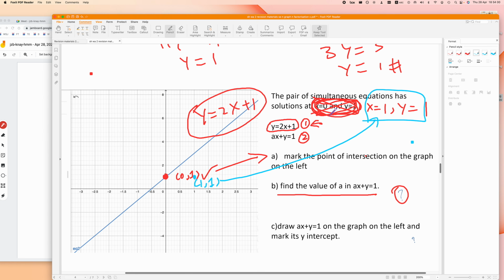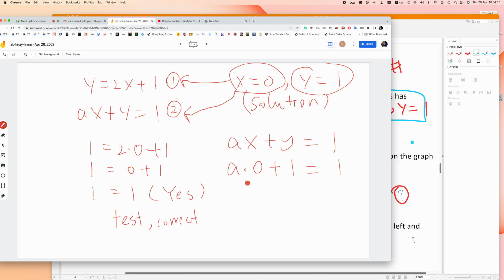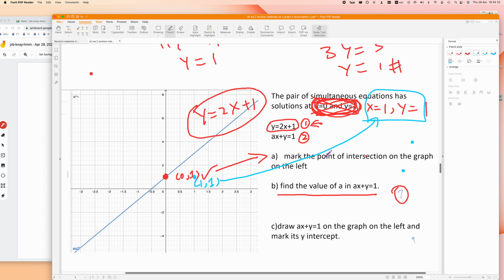Did I make a mistake? Oh yeah, looks like I made a mistake. Because this one will be 0. So you cannot do anything. You observe that? You cannot do anything. Okay. So never mind.